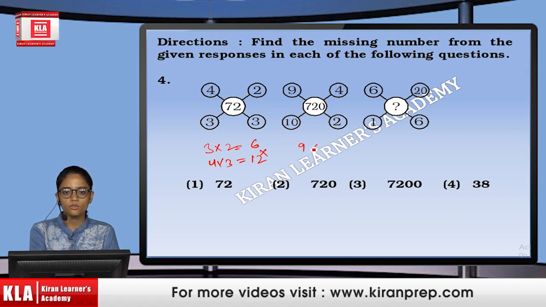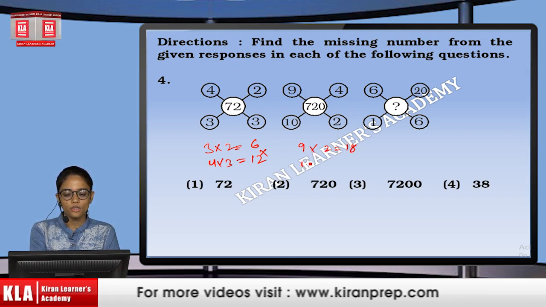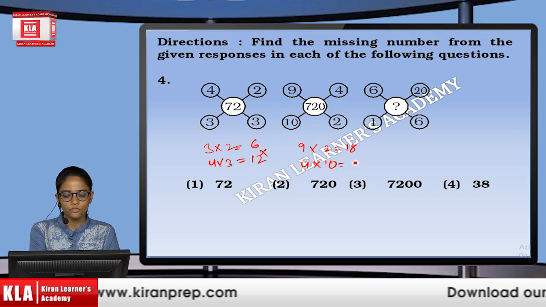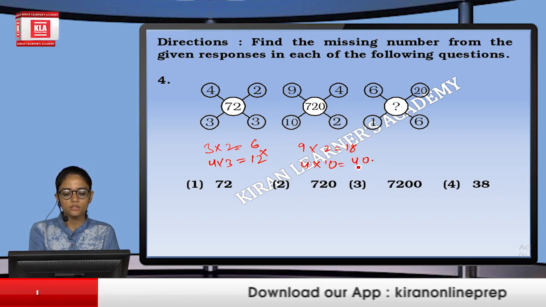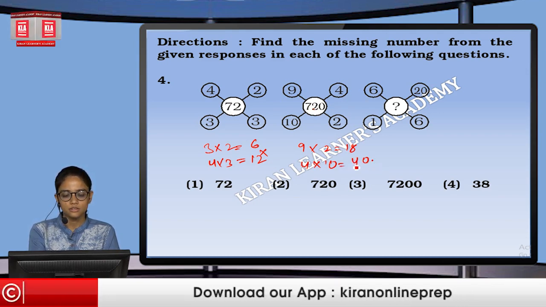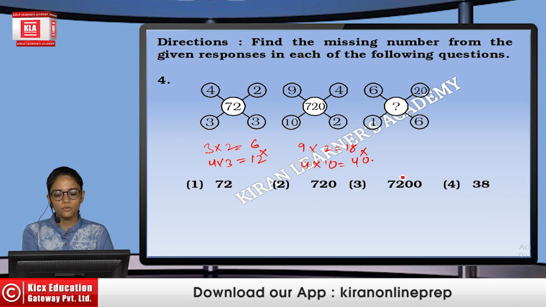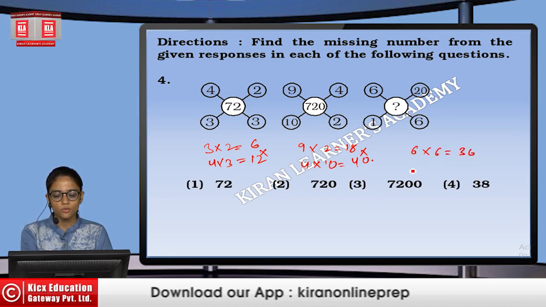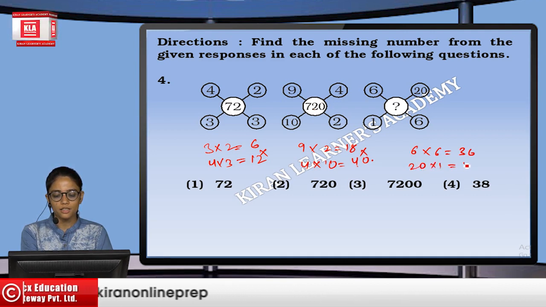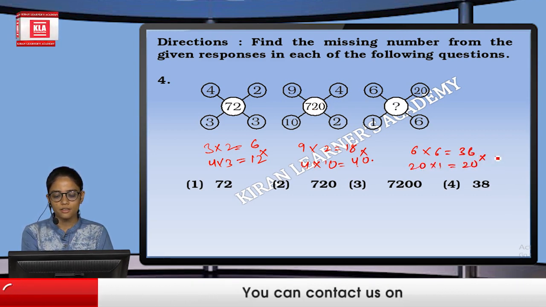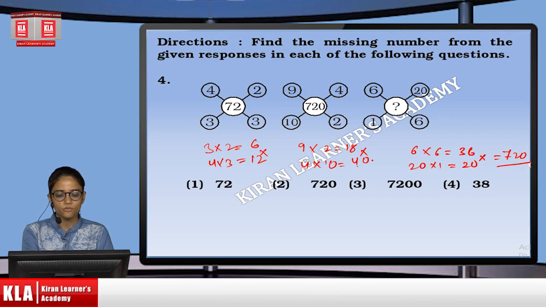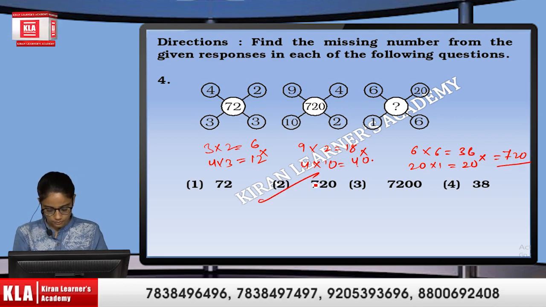Similarly, 9 into 2, 18. 4 into 10, 40. This is going to give us 720. Similarly, 6 into 6, 36. Then 20 into 1, 20, and again if we multiply with this, we will get 720. So the option will be the second one.